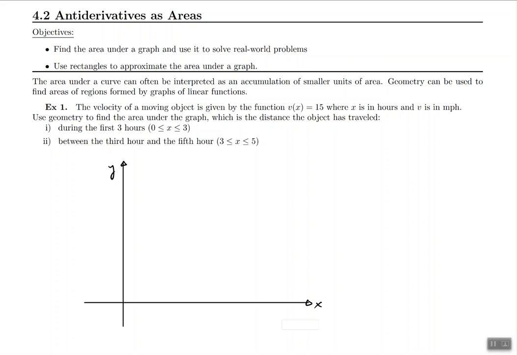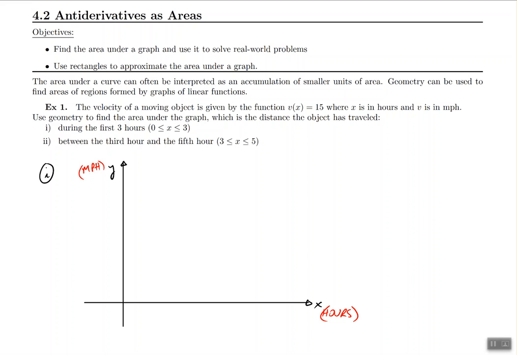This is the XY plane, and we're looking at part 1 first, where we are looking for the area under the graph during the first 3 hours. Keep in mind that time is always positive, and in this case the velocity is 15. On the x-axis we're putting time, in hours, and on the y-axis we're putting the velocity, v of x, in miles per hour.